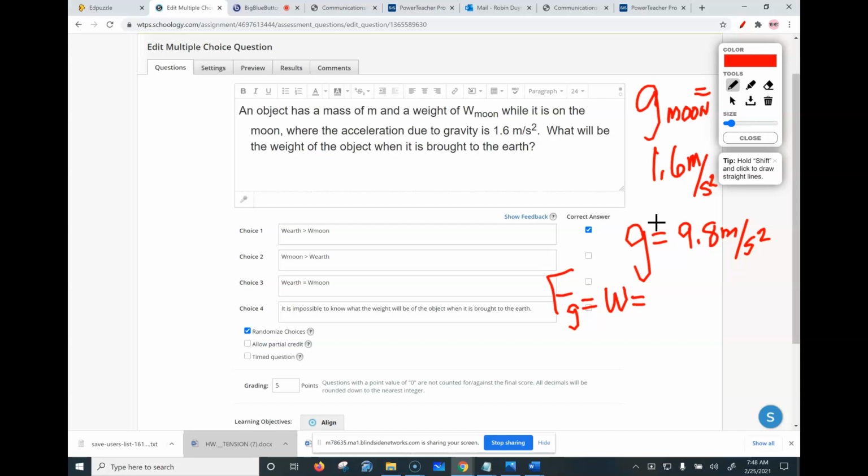How do we calculate this? Exactly, it's just mg. You guys knew that. So, where is it going to have a bigger weight? The Earth or Moon? Yeah, so the weight on Earth is going to be greater than the weight on the Moon.